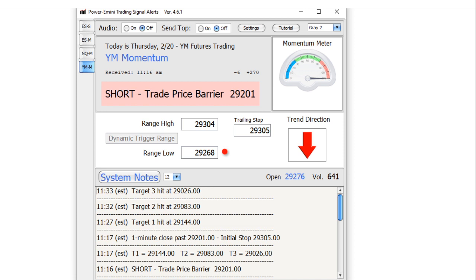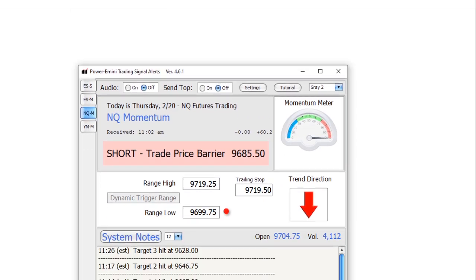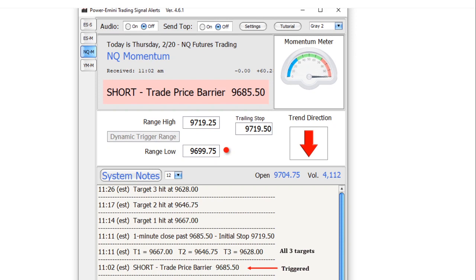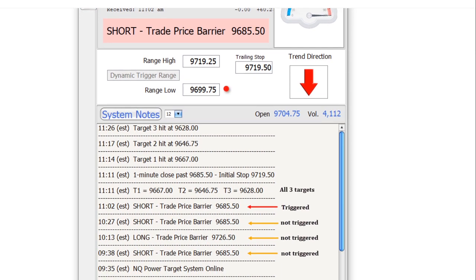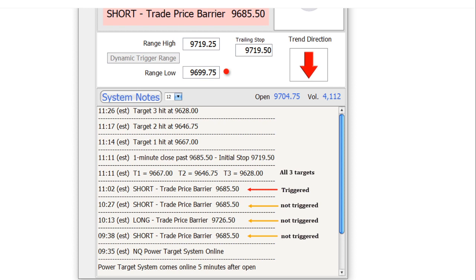I wanted to take a look at something else here, Jeffrey. I have another screenshot from yesterday with the NQ, and I thought this would be useful for new users. Anyone following the system notes probably knows this already, but just to go over this, because now that we've enhanced these notes, we haven't really done a whole lot with this.